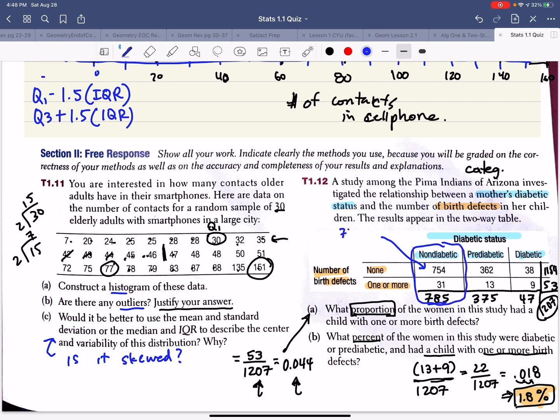So I'm going to do 754 out of 785. 0.96. Now, I could think this is going to have to be 0.04, but I'll just double check my work. So that means 31 out of 785. Beautiful. And I got 0.04.